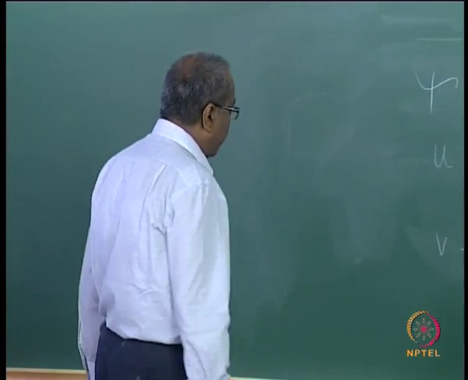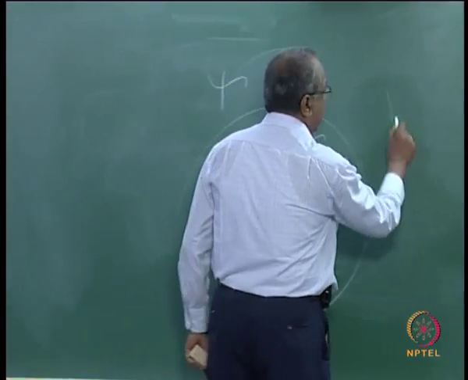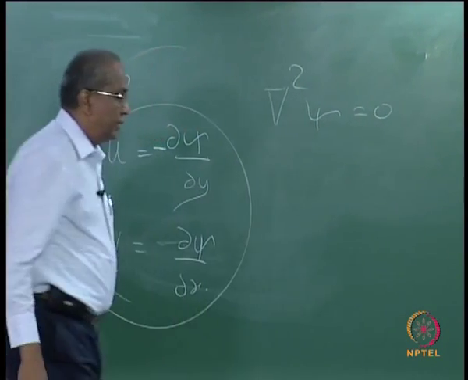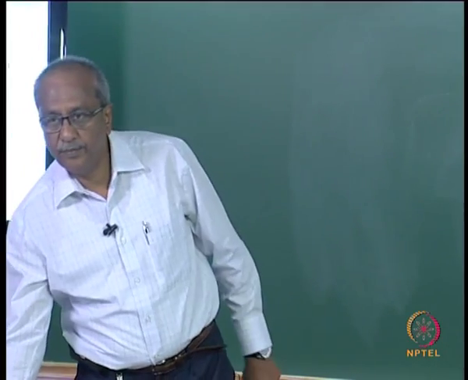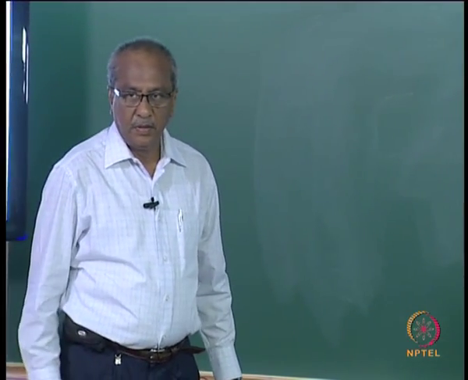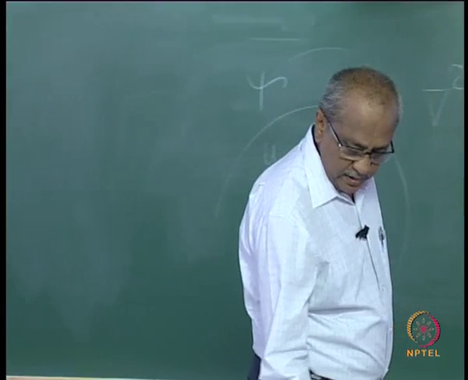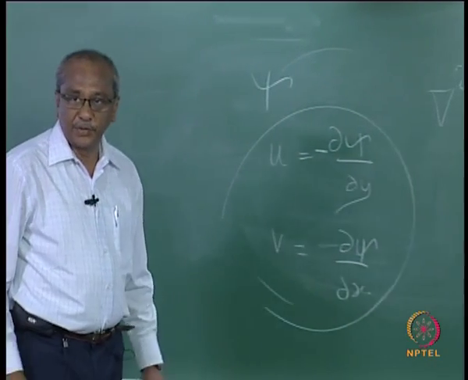Again, if you substitute this in the continuity equation, you can prove that it is equal to 0. I am sure that you would have seen all these things in your undergraduate course.